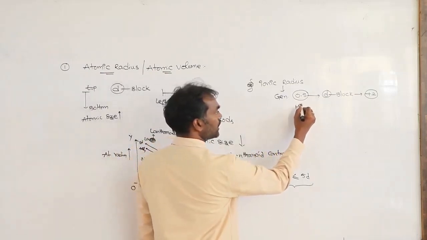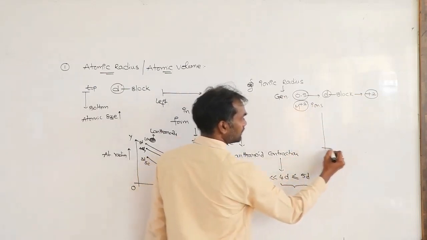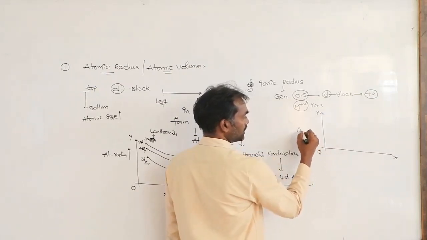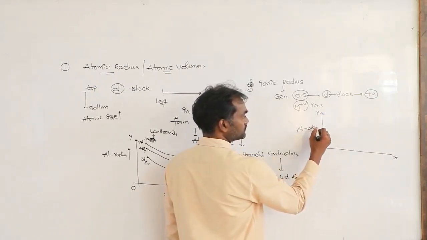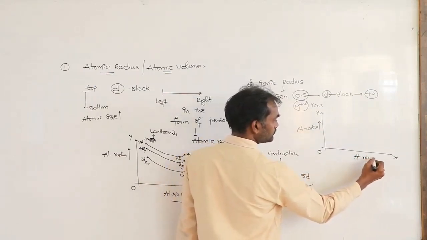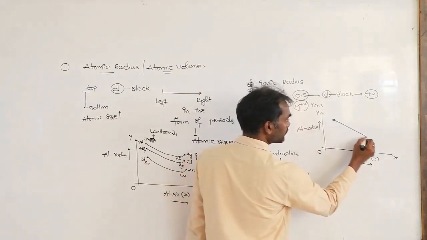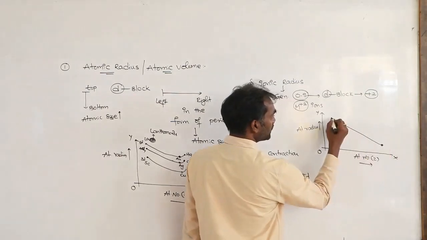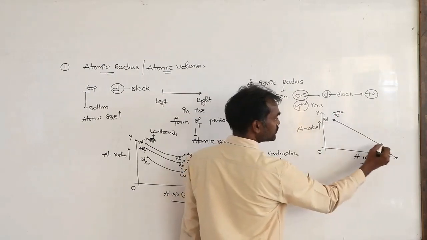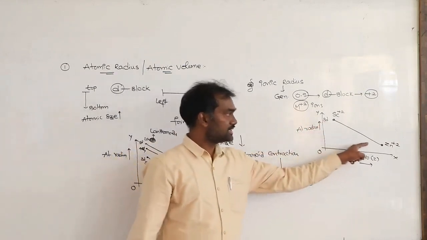Suppose you take M+2 ions, then atomic number Z value on the axis, and here it continuously comes down. Take the 3d series, scandium +2 to zinc +2. It continuously decreases. See here.